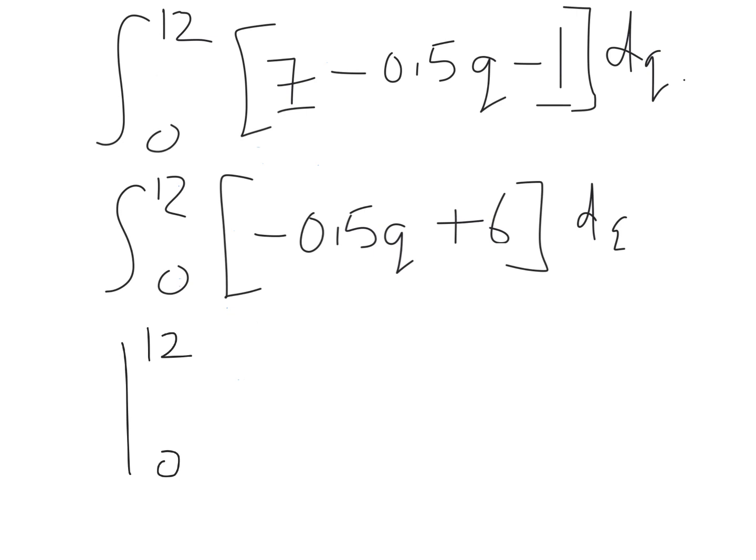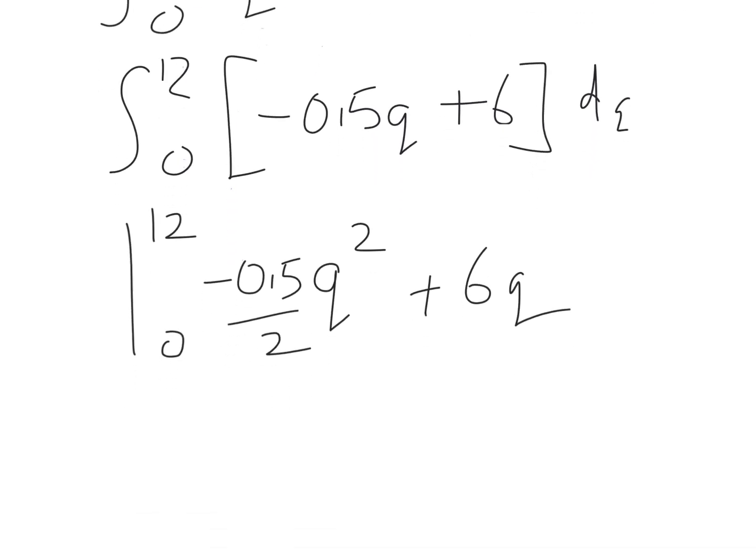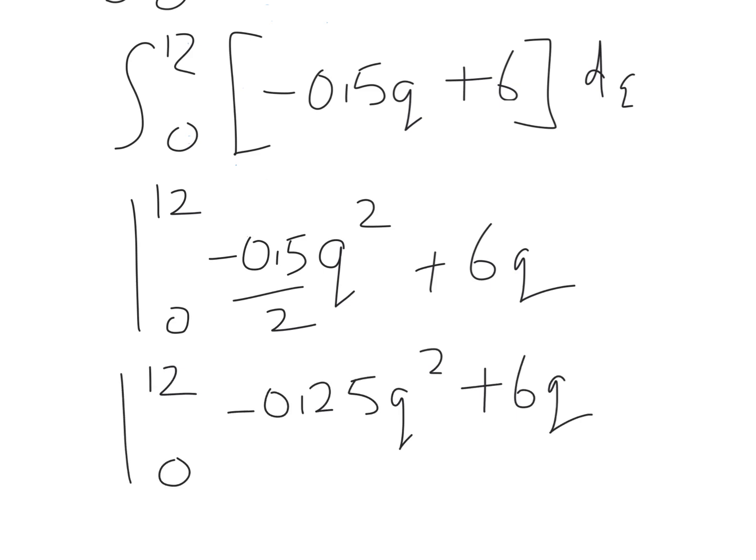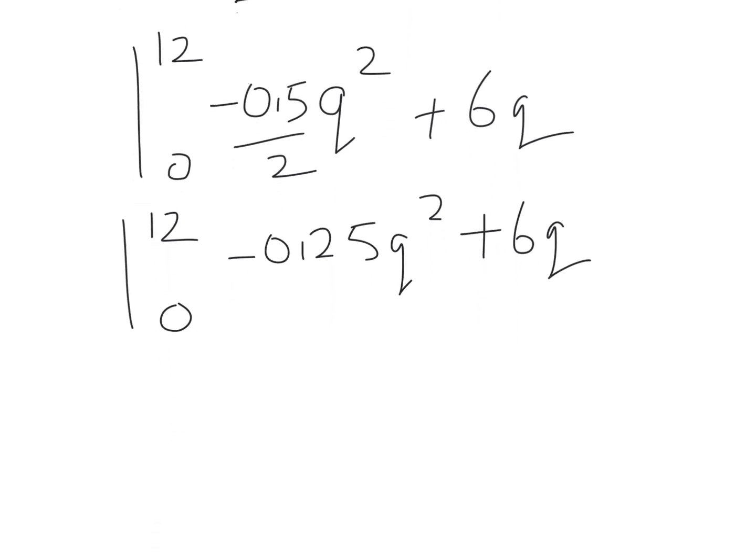And I have Q squared, negative 0.5 divided by 2 plus 6Q. So 0.5 divided by 2, negative 0.25Q squared plus 6Q. And then you're substituting 12 and 0.